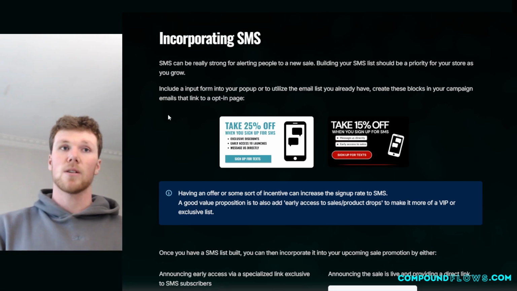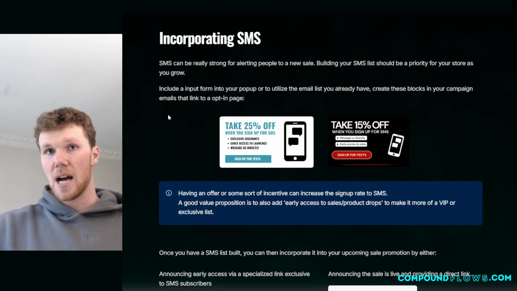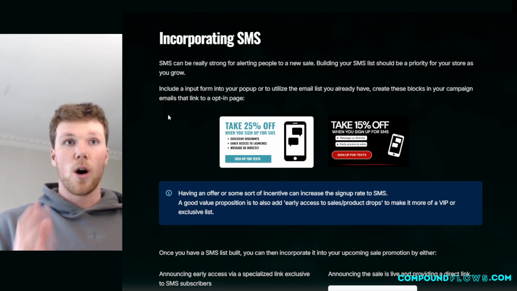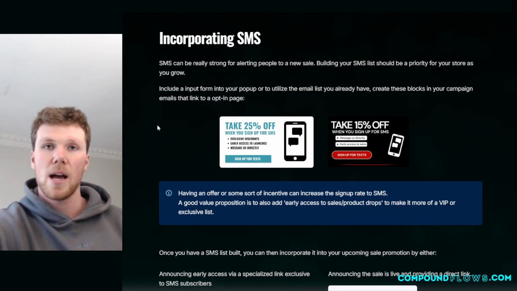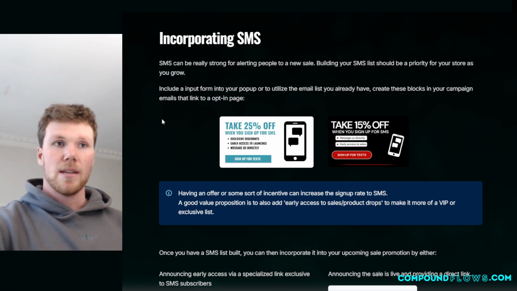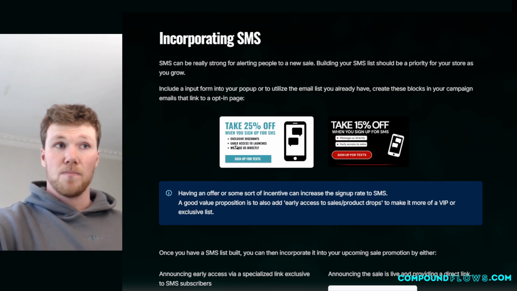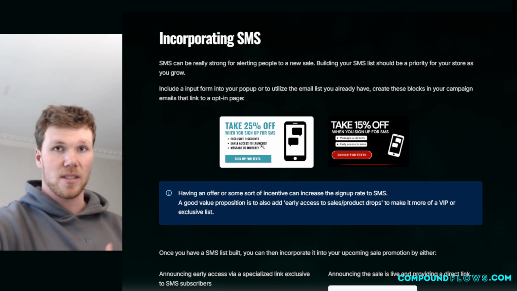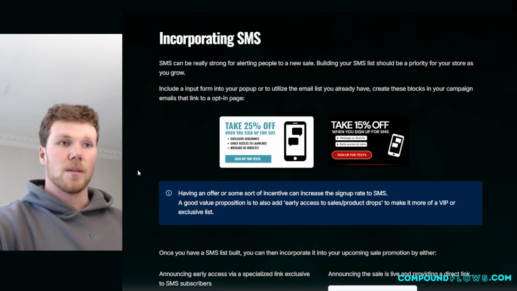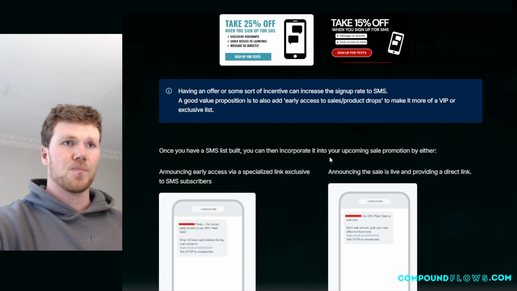When people click on this, take them to an opt-in page where they can fill out their number and opt in, ready to be alerted for the upcoming sale or whatever it may be. Early access could be a really good value proposition to sign up for SMS. They get early access to the sale or new product drops, anything like that. Something you really want to think about.